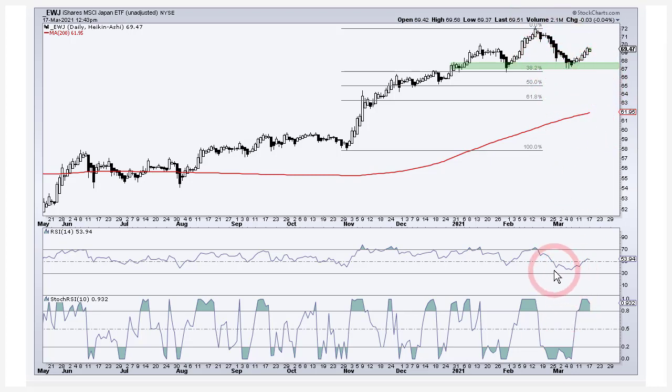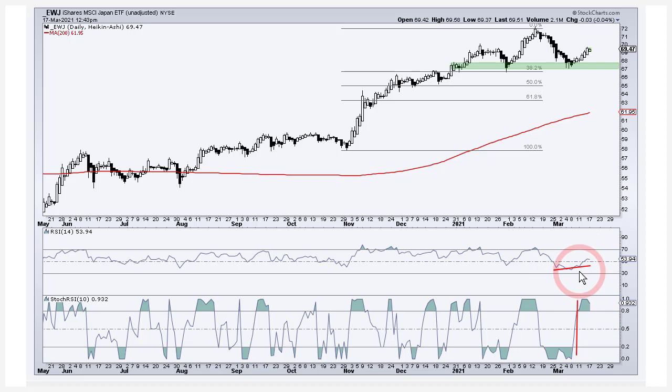You can see RSI was in that oversold zone, in that 30 to 50 zone. And then we got the Stoch RSI pop there about a week ago. And that's kind of like the early signal that you're getting a momentum pop that could signal a reversal after a pullback. And so the setup is, first, you're in an uptrend. Second, you've got a pullback. Third, you've got RSI in the oversold zone.